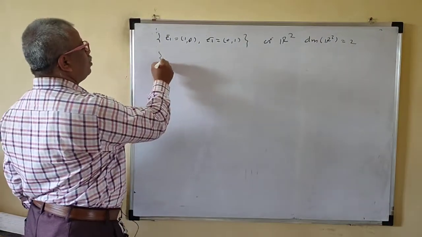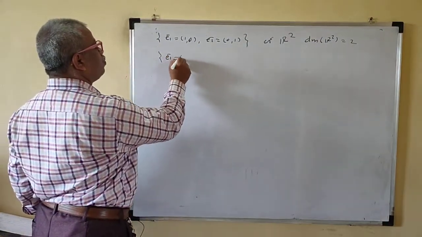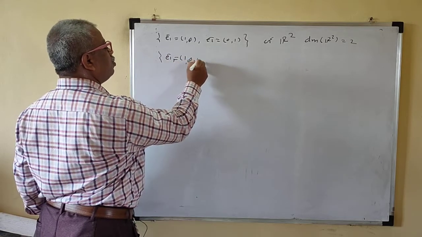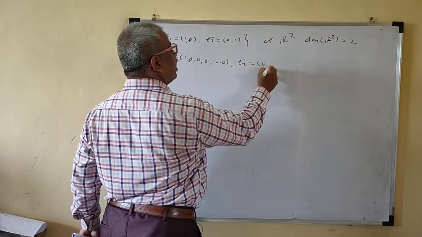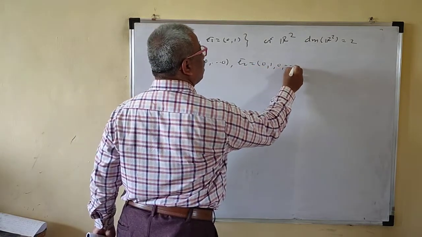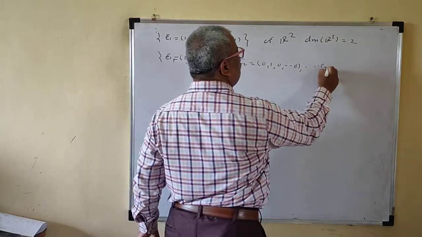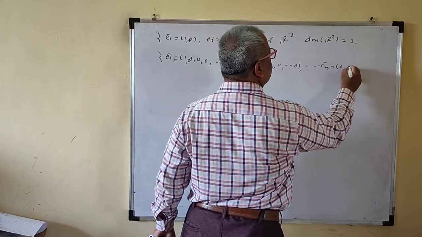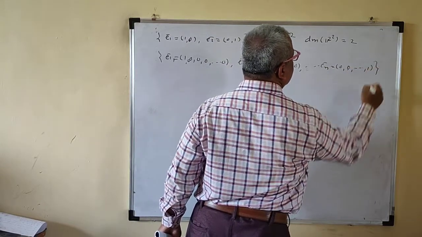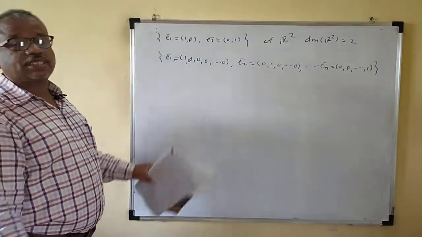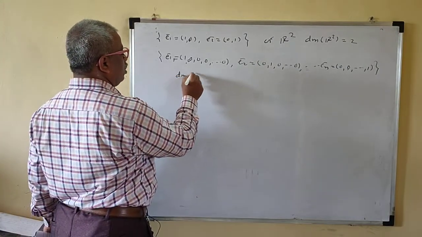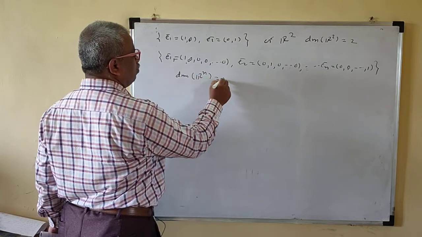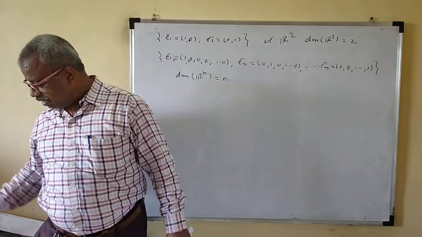Now E1 bar is equal to (1, 0, 0, ..., 0), all other components are 0. E2 bar is nothing but the second component is 1, all the rest are 0. Dot dot dot. En bar is equal to (0, 0, ..., 1), the last component is 1. So this is the standard basis of Rn, so the dimension of Rn is equal to n. Note that these are the standard basis.